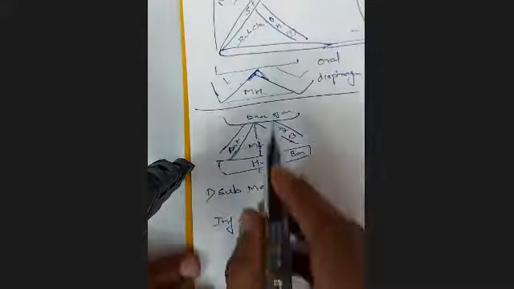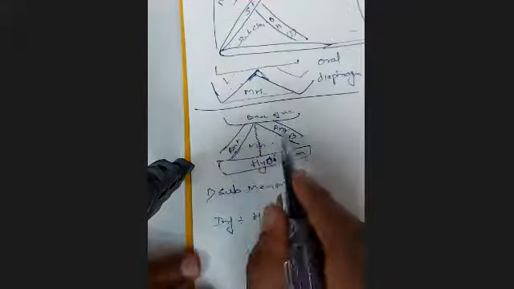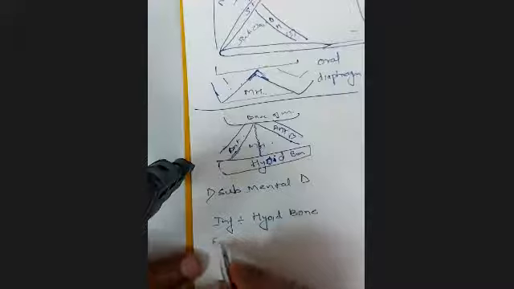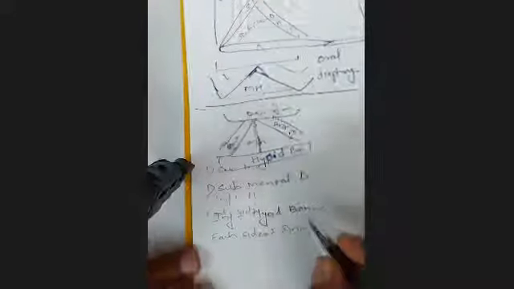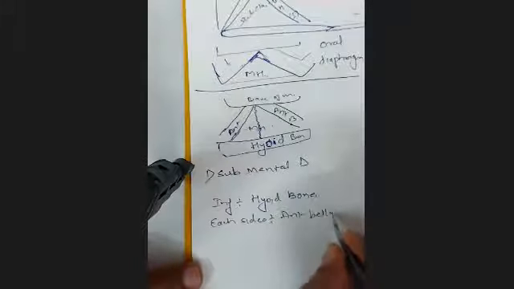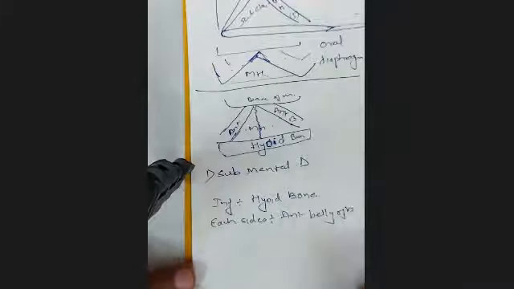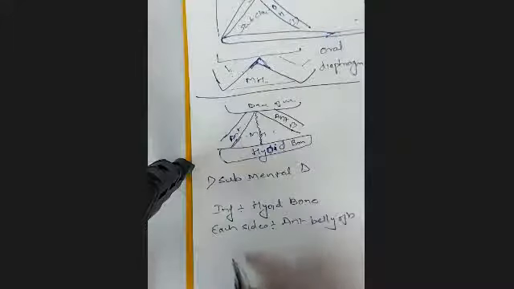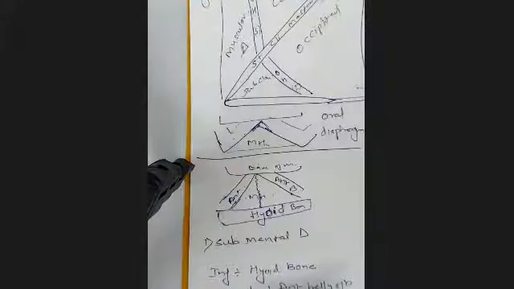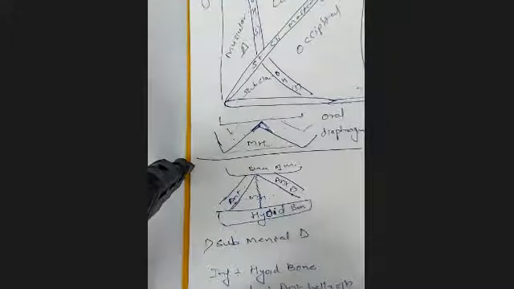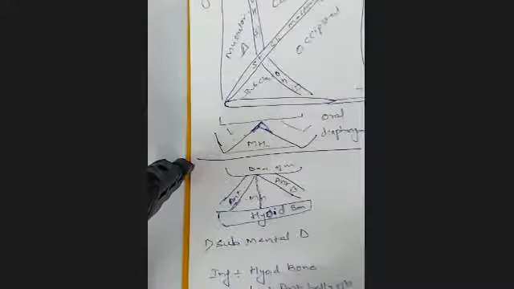So inferiorly the hyoid bone, and on each side the anterior belly of digastric. The floor of this triangle will be formed by the mylohyoid muscle. Floor is formed by the mylohyoid muscle.